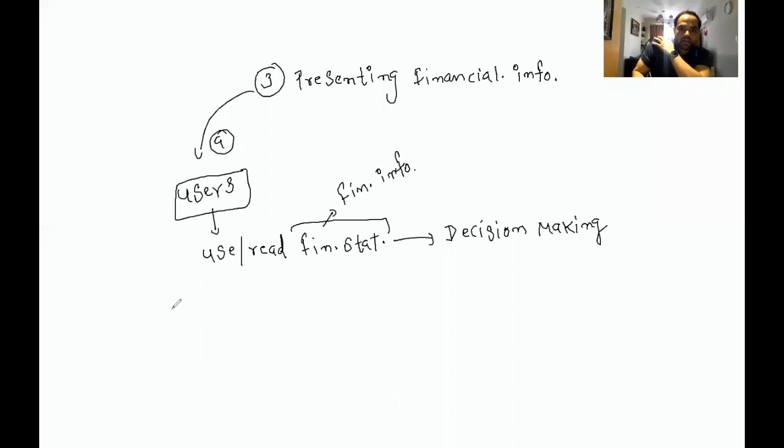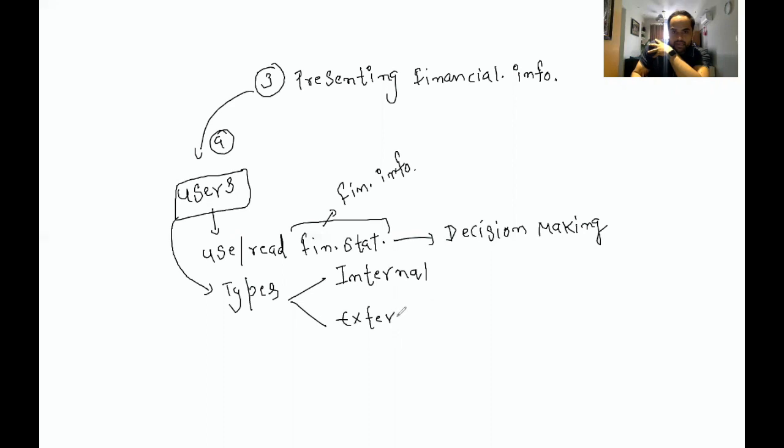Okay. Now, next one is types. How many types of users we have? We have two types of users: internal and external. All right. You can see the names internal and external.